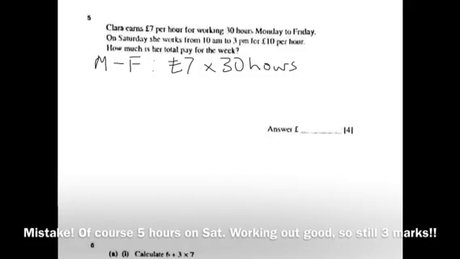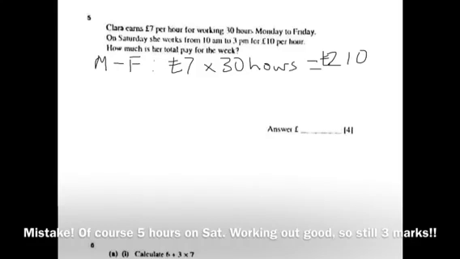So that gives us then a total of 210 pounds. Okay, so 7 times 30, 210 pounds.